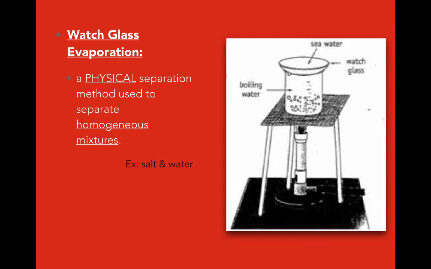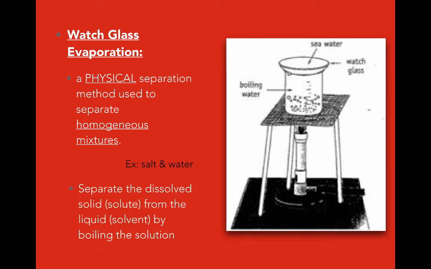Watch glass evaporation is a method of separation for homogeneous mixtures like salt and water. The mixture is placed in the watch glass, which is slowly heated by boiling water. As the mixture heats, the solvent, or the liquid, evaporates, leaving the solute, or the solid, behind.